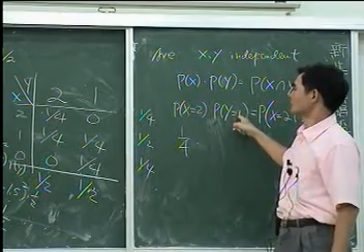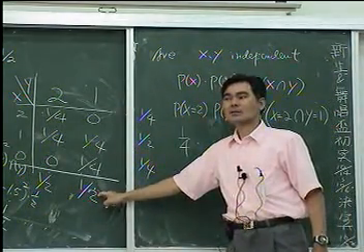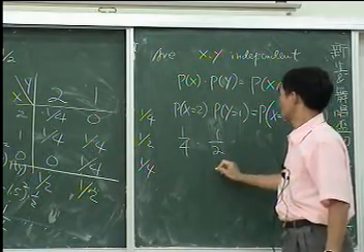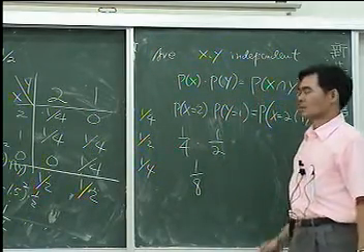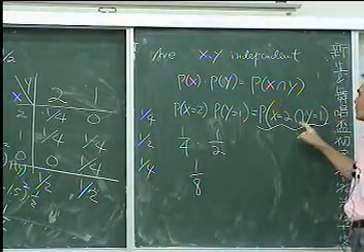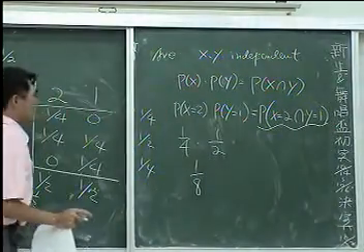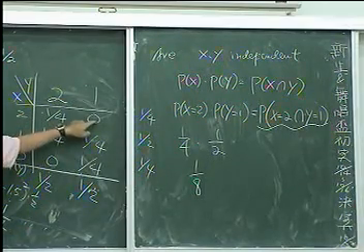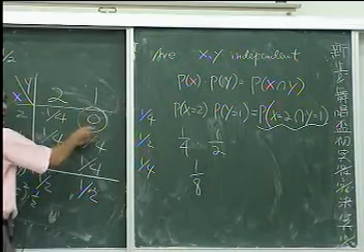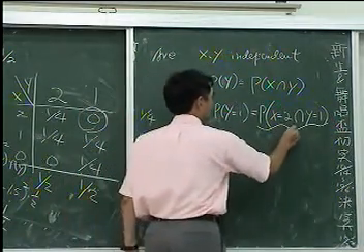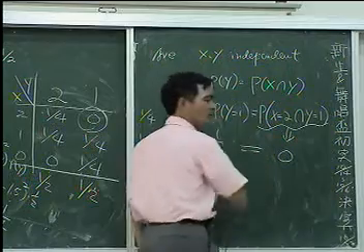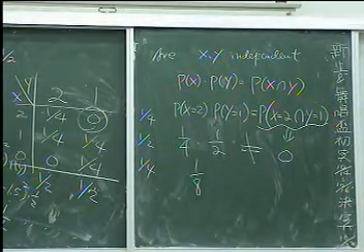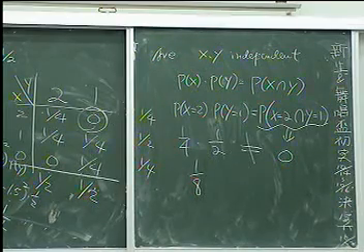And how much is P(Y equal to 1)? That's 1/2. So this is equal to 1/8. And what about X equal to 2 and Y equal to 1? The number is here, so it is equal to 0. So are they equal to each other? No. So are X, Y independent? No, they are not independent.